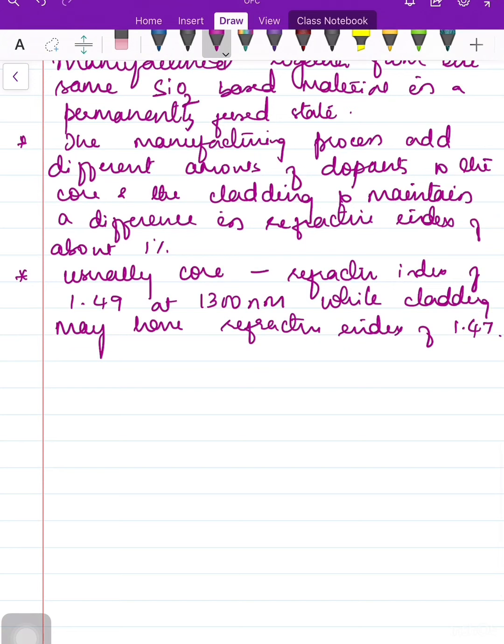But these numbers are wavelength dependent, right?